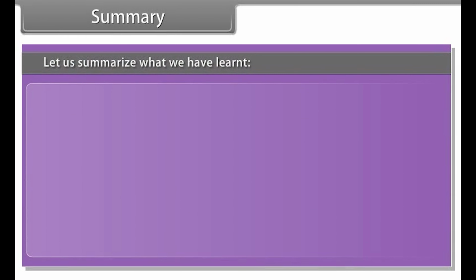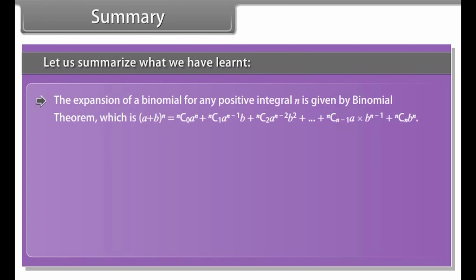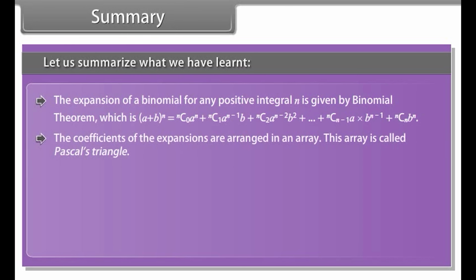Summary: let us summarize what we have learned. The expansion of a binomial for any positive integral n is given by the binomial theorem. The coefficients of the expansions are arranged in an array. This array is called Pascal's triangle.